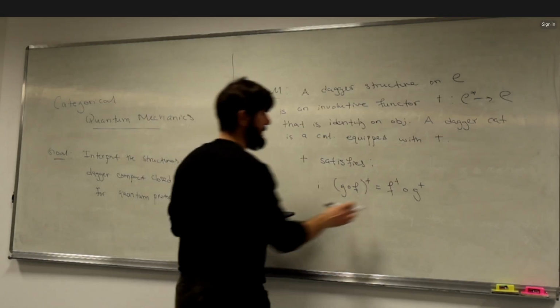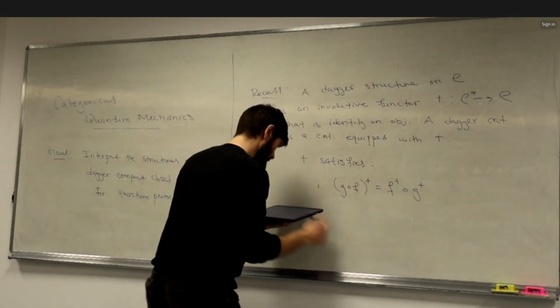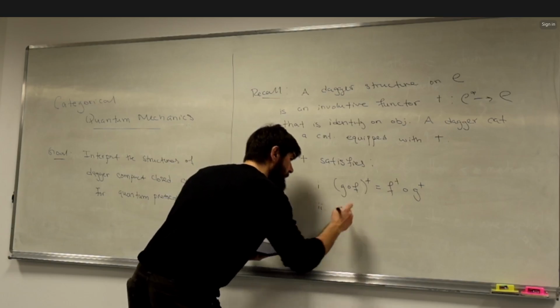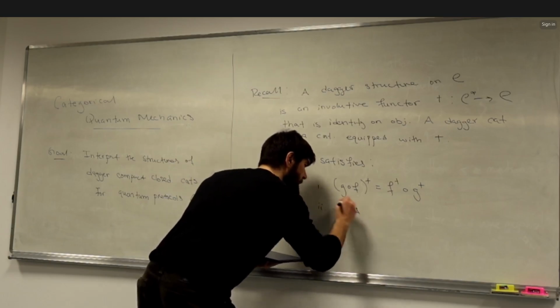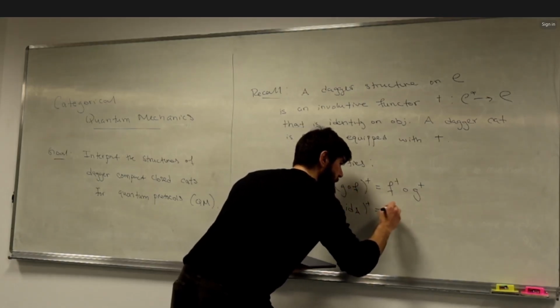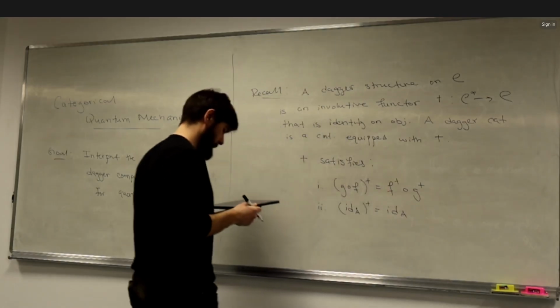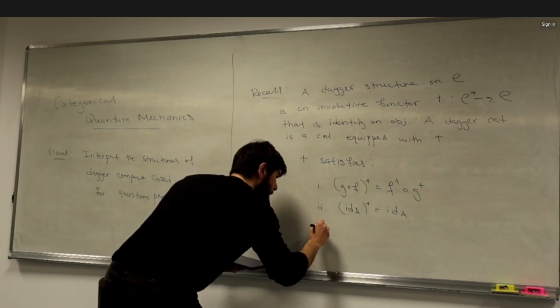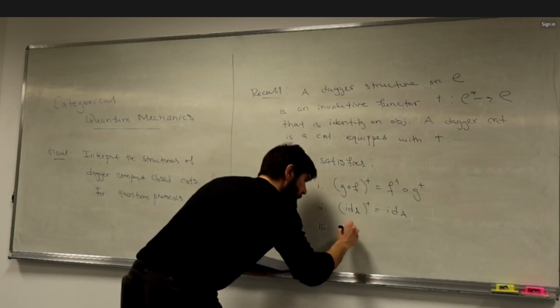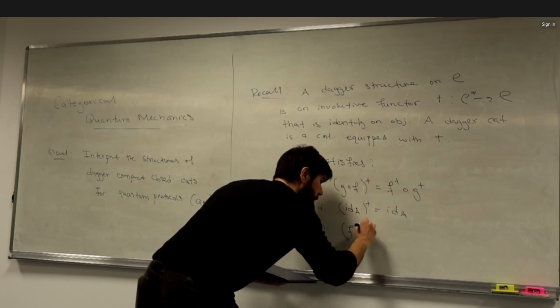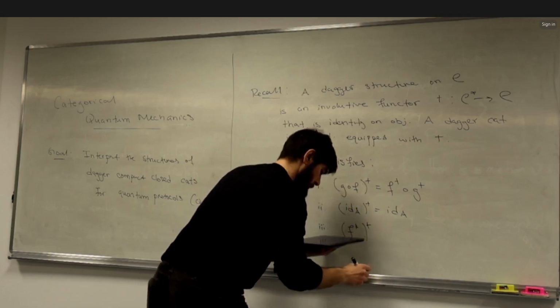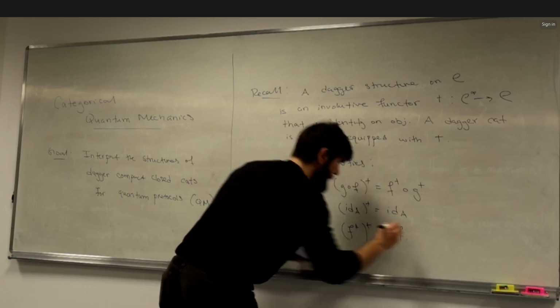This is as we would expect from FHilb. We have that the identity dagger is the identity, and also we have the involution, that F dagger dagger equals F.